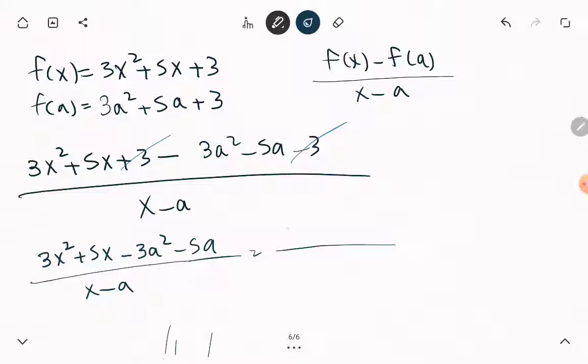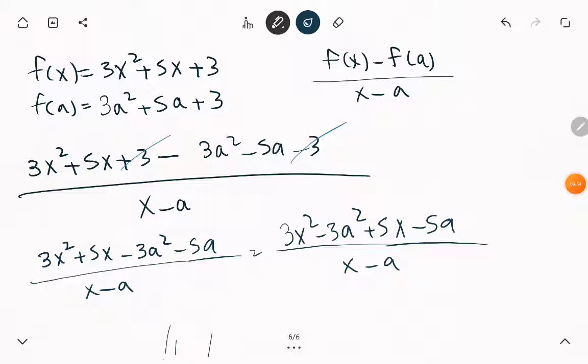Let's write it as 3x squared minus 3a squared plus 5x minus 5a over x minus a. So now I can take out a positive 3 here.